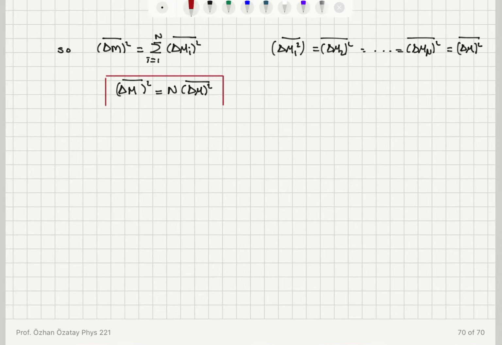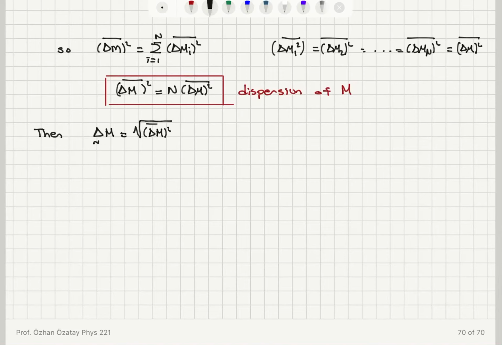So what I have calculated here is now the dispersion of m, the total magnetic moment. Then I can calculate its standard deviation. So what is the standard deviation of the total magnetic moment? It will be the square root of the dispersion, delta m square bar.